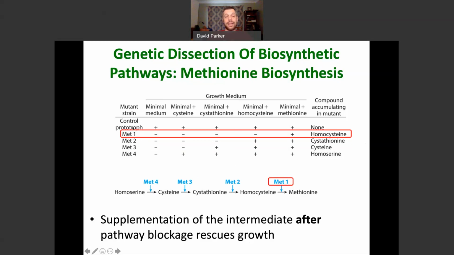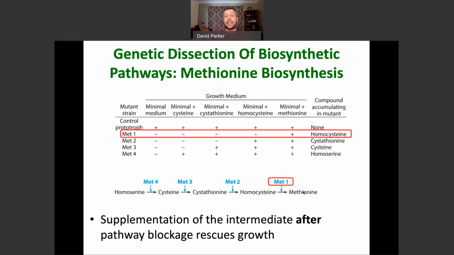So if you give a MET1 mutant cysteine, it contains a functional enzyme for this conversion, so it makes this. It contains a functional enzyme MET2, so it makes homocysteine, then it can't make methionine. So the only thing you can add to make a MET1 mutant grow is methionine.